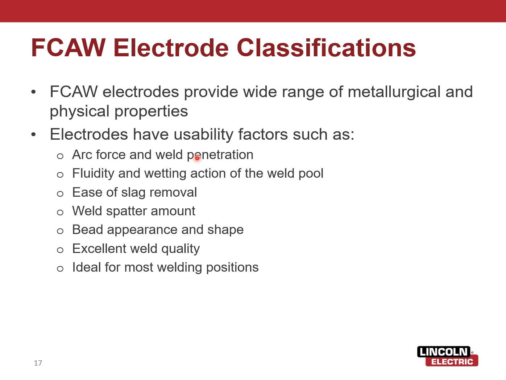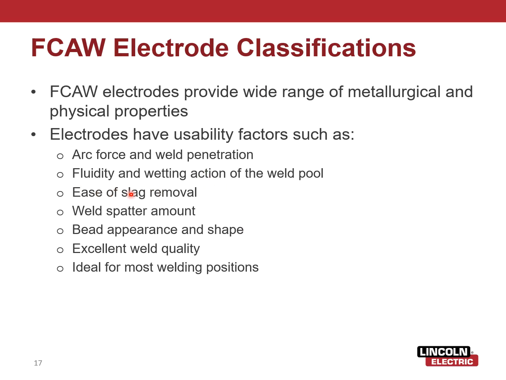And then electrodes have usability factors, so this is more the flux components, right? Just like we've gone over in the SMAW module in 2A, different additives, different minerals, different components in that flux are going to give different characteristics to the puddle and the arc. Sometimes it's going to improve your arc force and weld penetration. Sometimes it'll improve the fluidity, the wetting action to help spread that puddle out a little more.